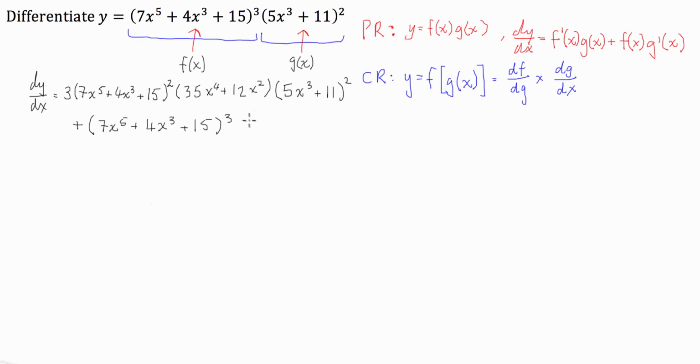Now the derivative of this is, we'll take the 2 down to the front, so it's going to be 2 bracket 5x cubed plus 11. We can drop the 2 to a 1, so it doesn't really need to be there. And then we have to multiply it by the inside function of this quadratic, which is a cubic. So the derivative of that is 15x to the 2.